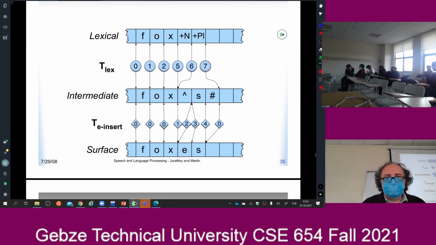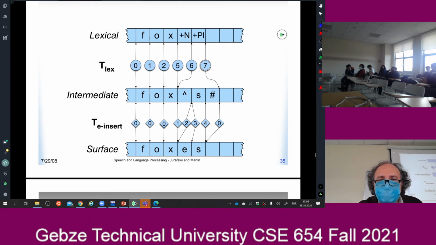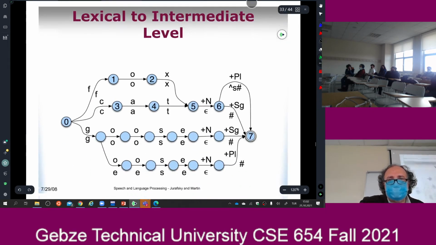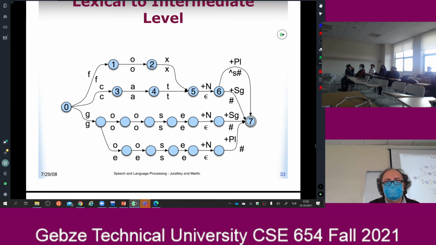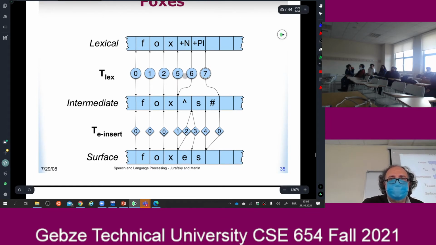Okay. So this transducer converted these foxes to this intermediate form, and these are actually the states. It goes 0, 0, 0, and 1, 2, 3, 4, again 0. We already knew that one. And this T-lex, it just goes from 0, 1, 2, 5, 6, and 7.